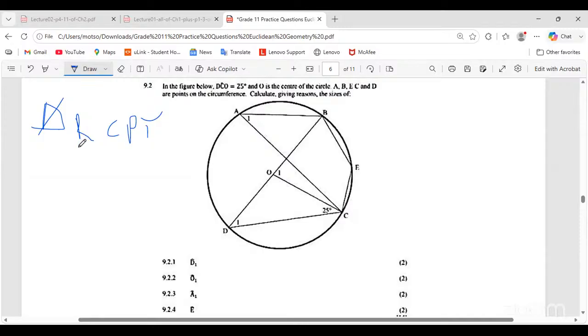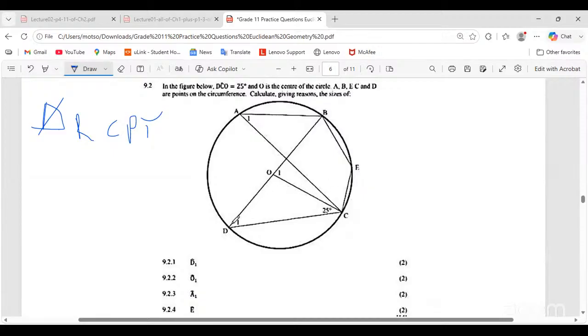We go for R, the radius. OD is the line from the center to a point on the circumference, meaning OD is a radius. OC is also a radius as it moves from O, the center, to point C on the circumference. And OB is also a radius. Therefore, triangle DOC is an isosceles triangle.